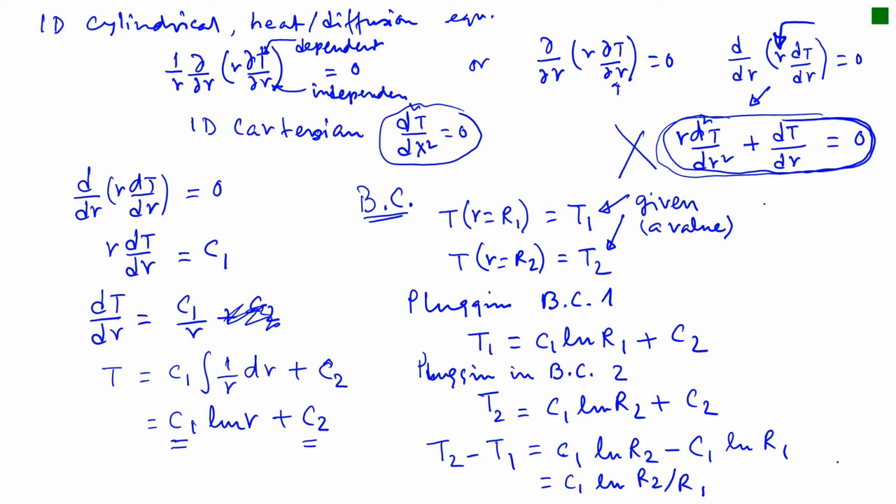From this, we get C1 is equal to T2 minus T1 over natural log of r2 over r1. Now, we also need to find C2, of course.